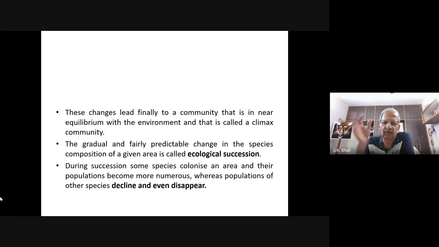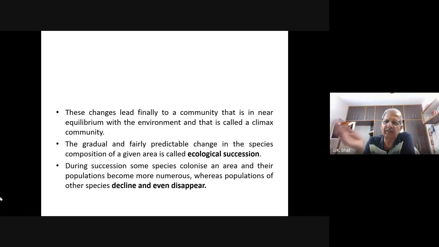Now let me just tell you, you have a small pond with water. Let us see that this water gets dried up. When water was there, there were some species of plants, some species of animals. When the water dries up, the habitat gets changed.